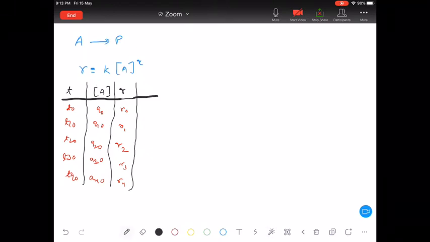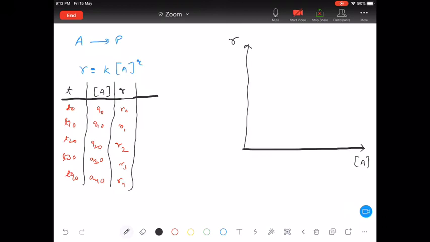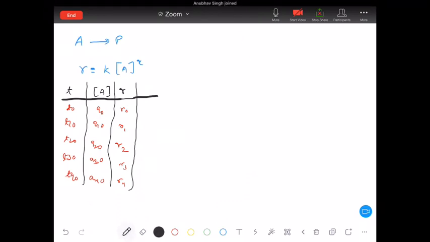First let's start to plot this one. Here I plot R versus concentration of A. You will understand in a very short interval of time.